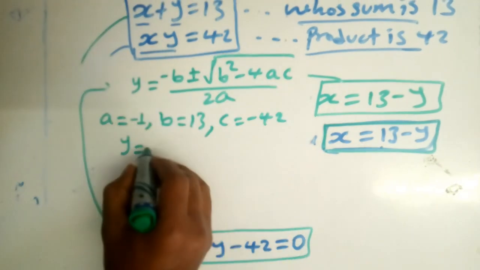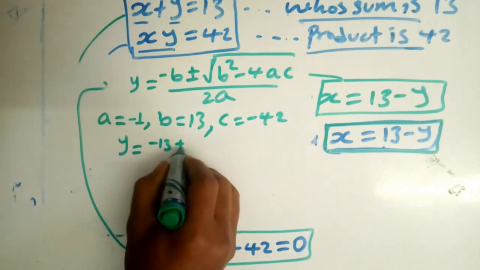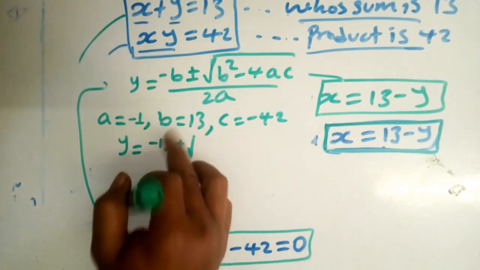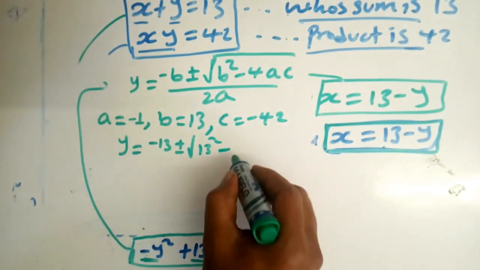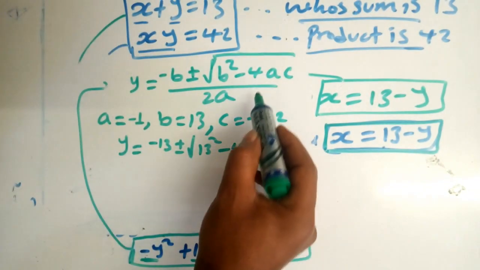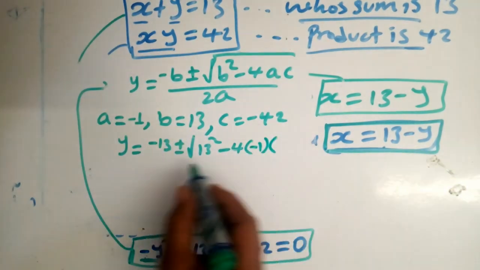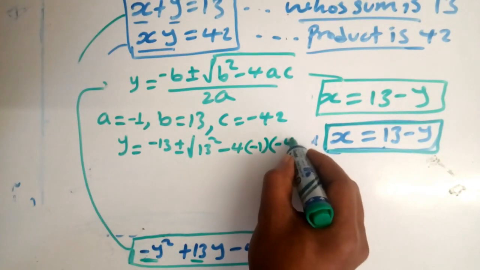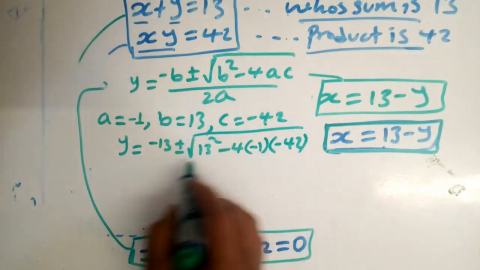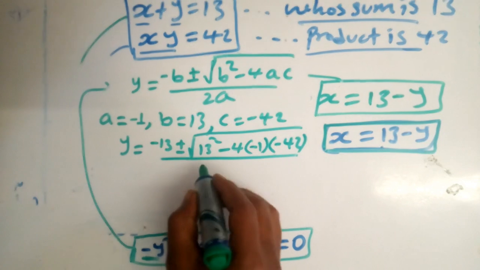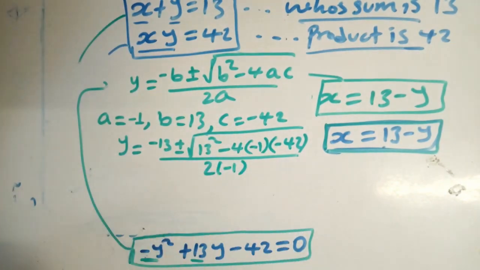Y is equal to minus 13 plus or minus the radical of 13 square minus 4 times a, which is minus 1, and c, which is minus 42, over 2a. Again a is negative 1.